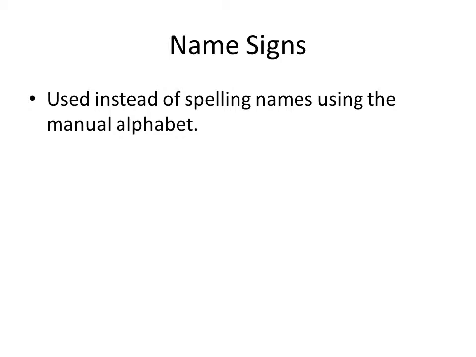Unlike names that are used in spoken languages, where most people share many of the same conventional names, name signs in American Sign Language are unique to each individual. There are no specific name signs in ASL for common English names. Instead, name signs are individualized for each person.